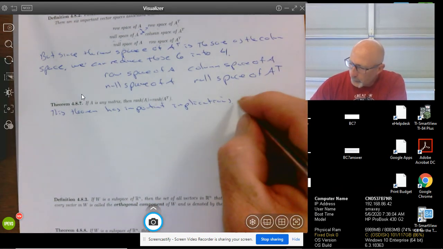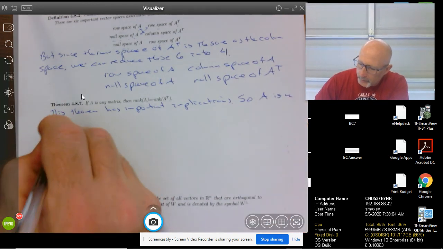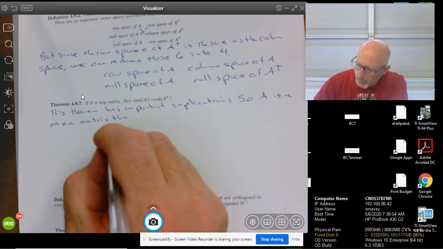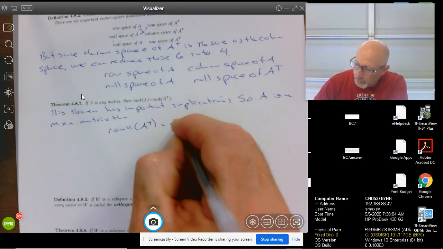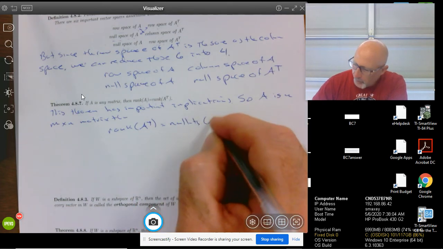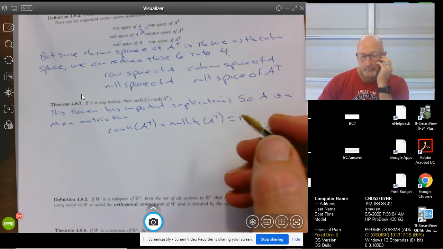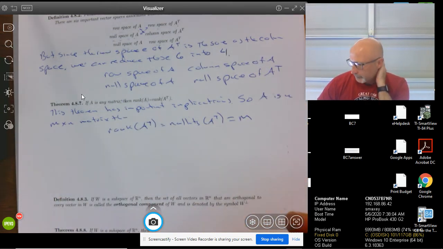If A is an m by n matrix, then the rank of A transpose is equal to the nullity of A transpose, which I know is equal to m. So this theorem implies this.